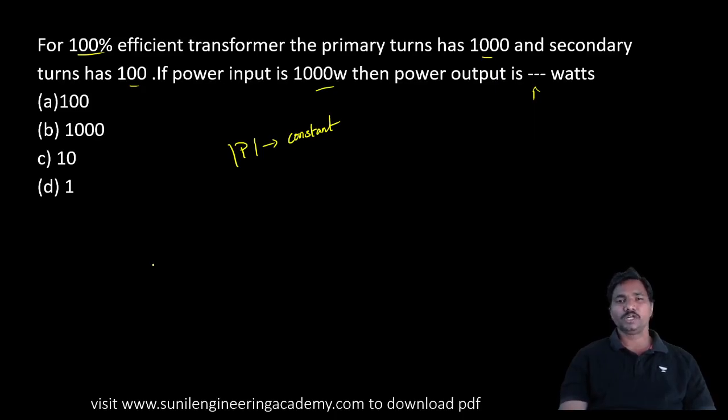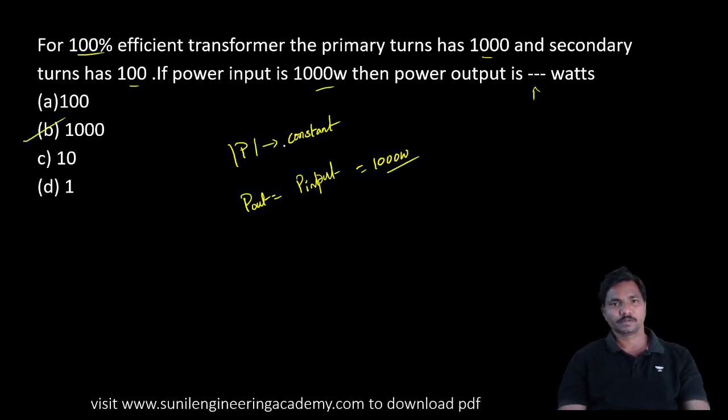Just voltage and currents change with respect to the turns. 100% efficient means power output is equal to power input. So power input is 1000 means power output is also 1000. So the answer is option B.